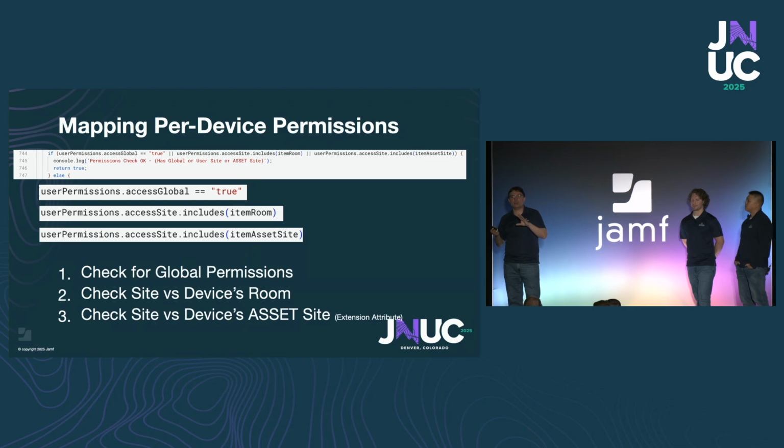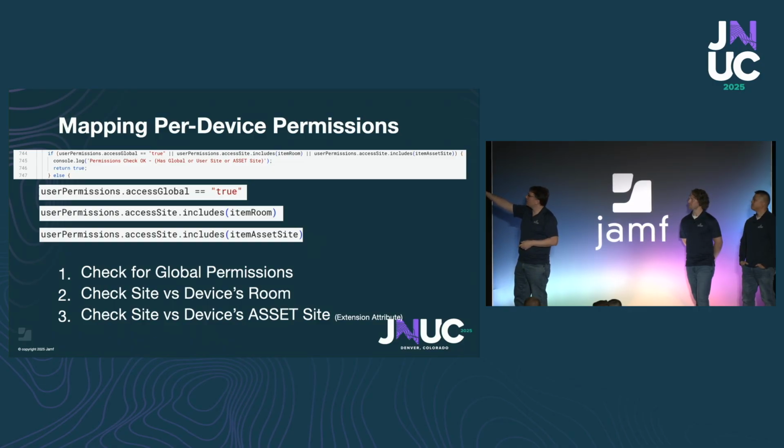Finally, how can we confirm or limit access so that you can only send a command if, for example, you're an Aldrin Elementary tech, you can only send commands to Aldrin Elementary devices? Well, this is how. It's just an if statement with three options in this case. If user permissions access global equals true, great, you're in, you're a global admin. If not, we have our or statement.